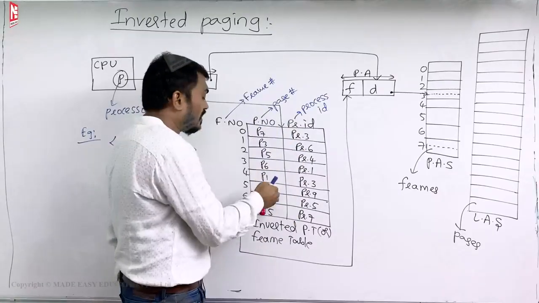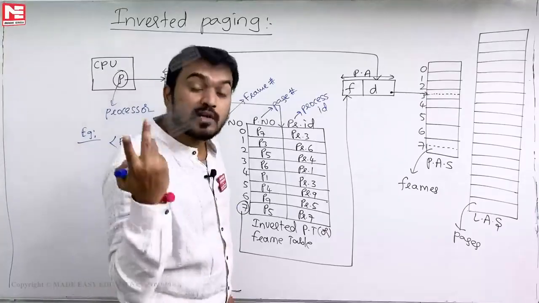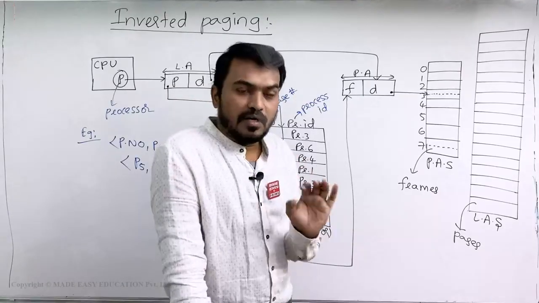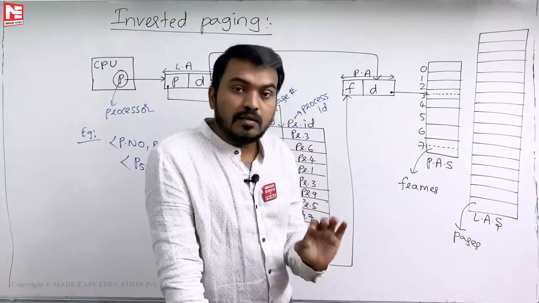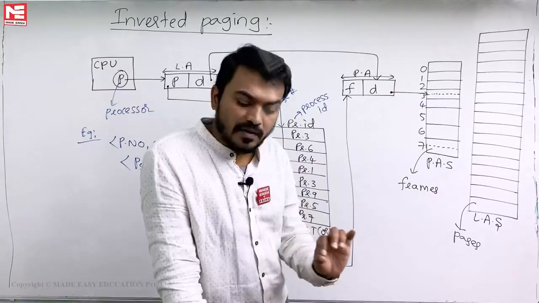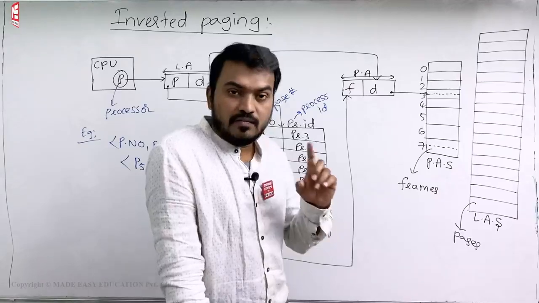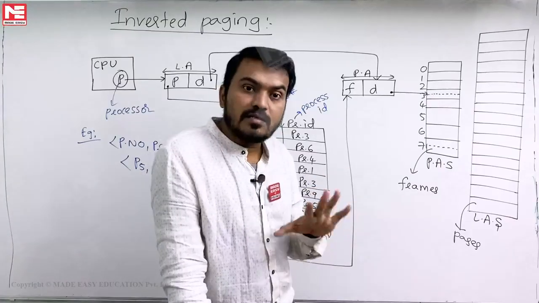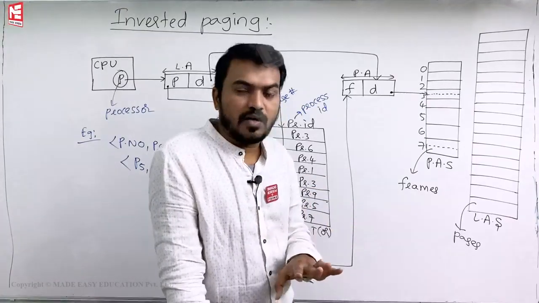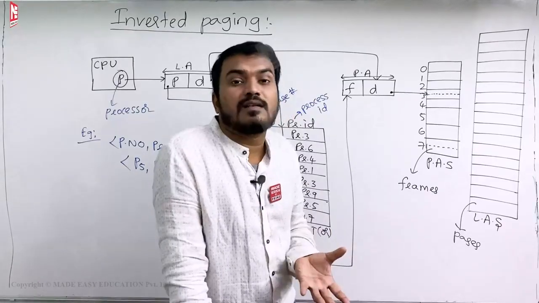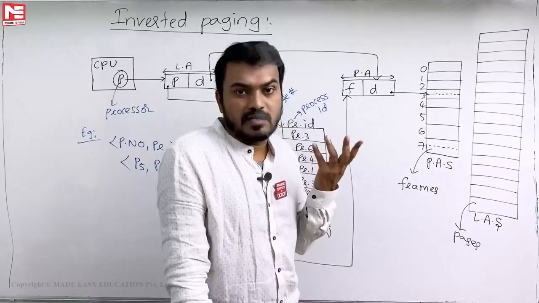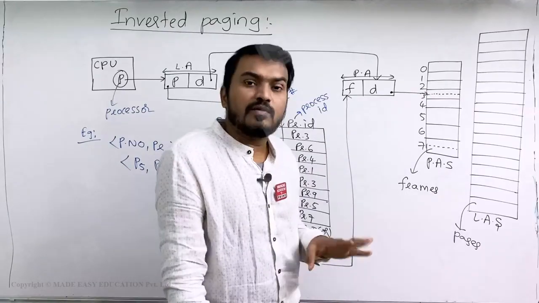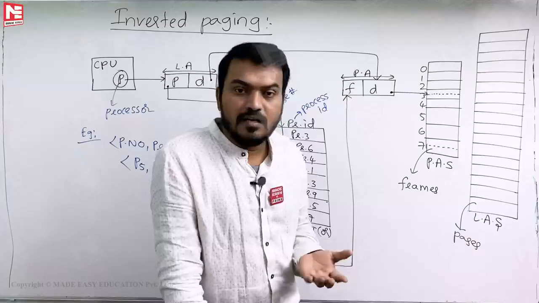So I am repeating once again: because we are maintaining only one page table for all the processes, memory will be less, but the searching time will increase. Is that clear? Note down this point.